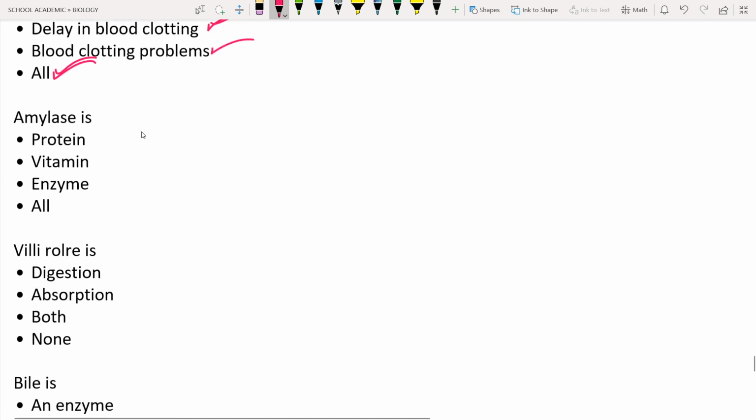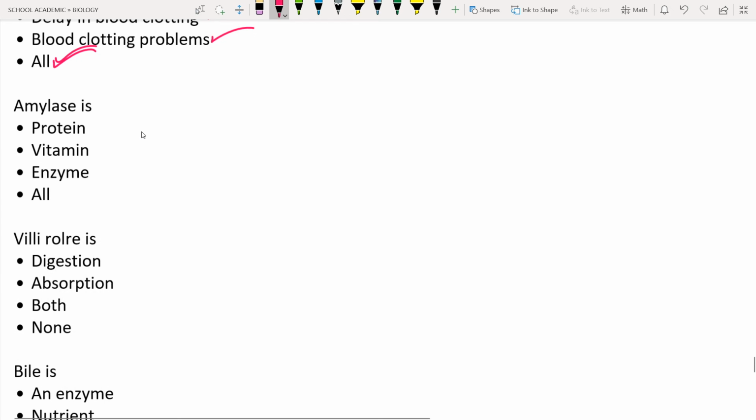Amylase is... what is meant by amylase? I gave one small trick, that is ASE. Whenever you see the ASE suffix after a particular word, that is nothing but an enzyme. So AMYL-ASE, yes, it is ASE. It means it is an enzyme.